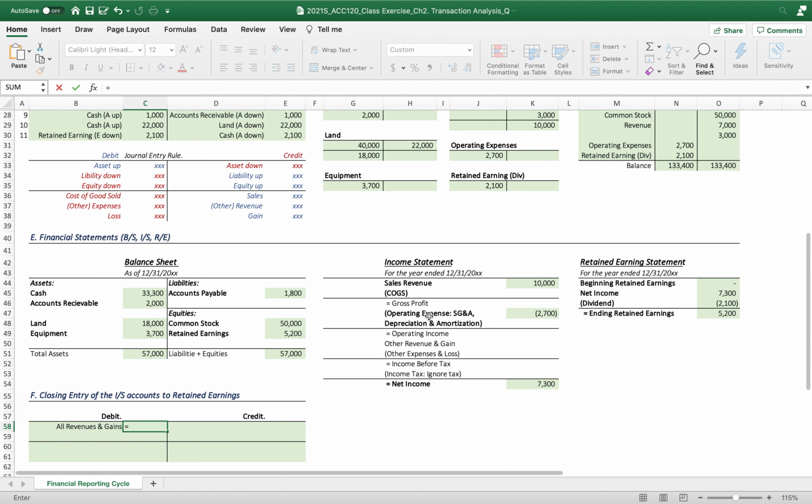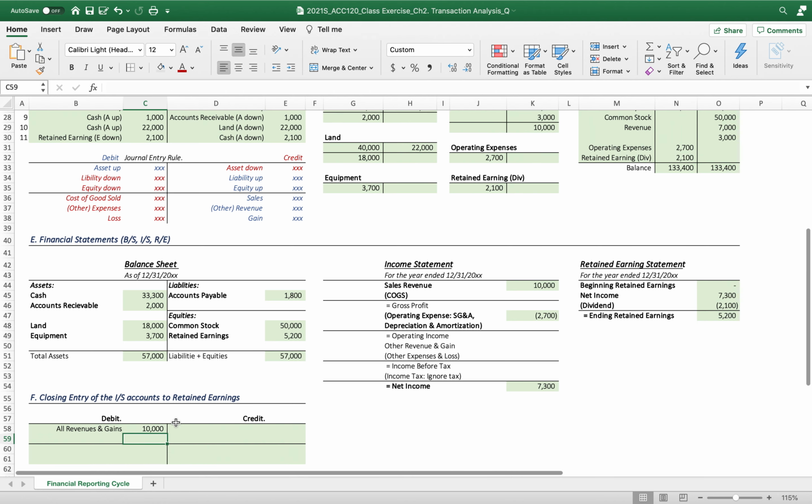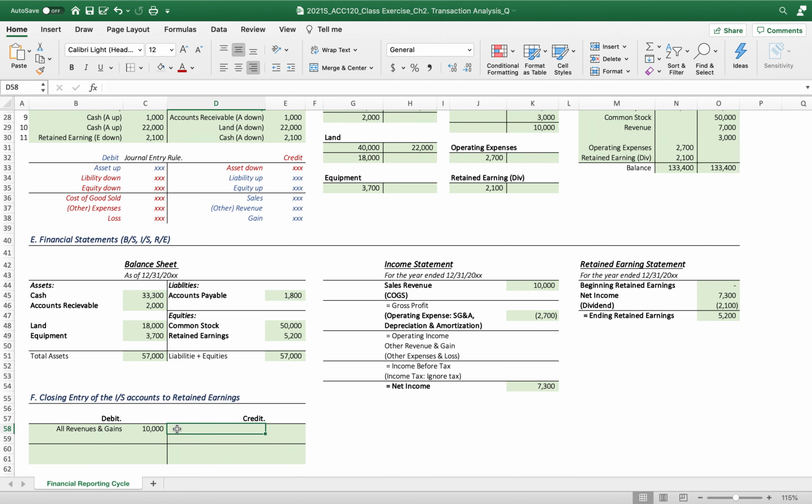So how much was that? Okay, there you go, $10,000. Then we can just write down income summary. This is just a temporary name of account. Income summary, the same amount. Anyway, we'll remove this income summary at the end of the day.